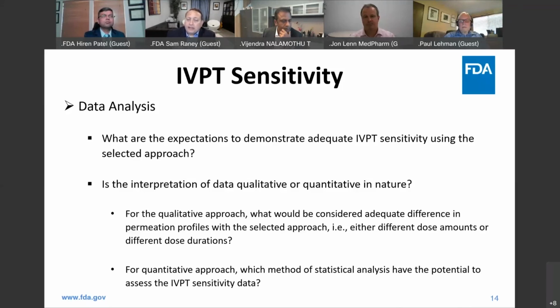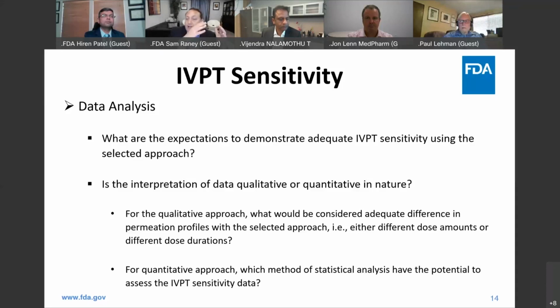I think this is an incremental risk mitigation strategy, so that you understand the performance of the IVPT method in a variety of dimensions, in terms of its discrimination ability and its sensitivity. When we say qualitative here, my perception has been that there are two lines of evidence we're looking at. One is that you're intentionally working with a given formulation and changing something about the dosing, the duration, or the dose amount in order to alter the bioavailability.